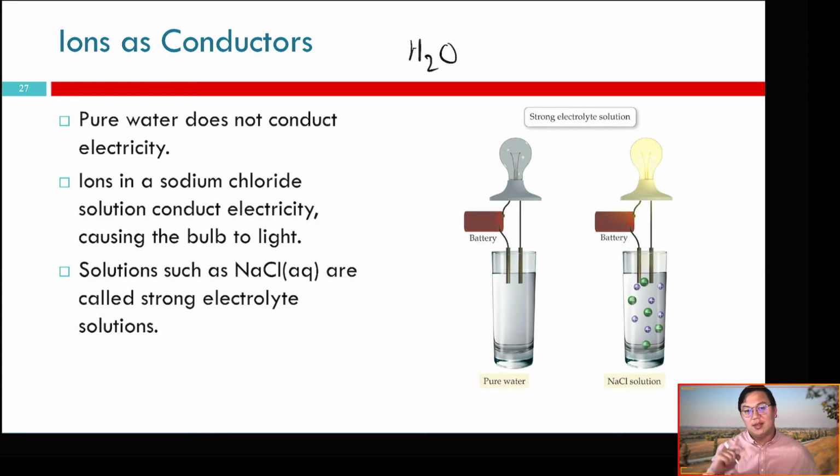So electricity is a flow of electrons. So if you want those electrons to flow through water, you need something like sodium chloride or a strong electrolyte. And those Na plus and Cl minus ions will actually ferry electrons through the solution.